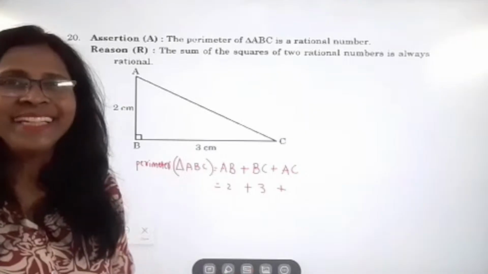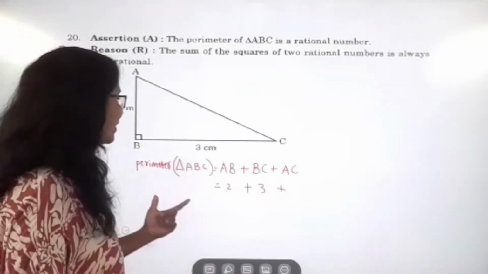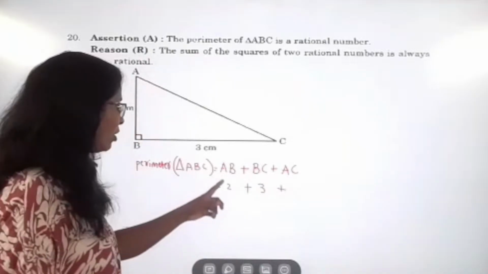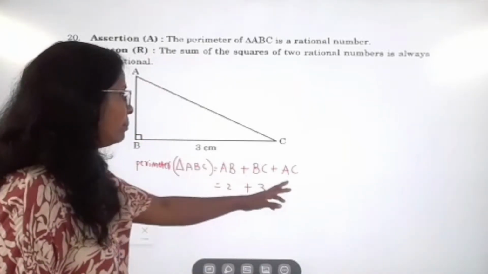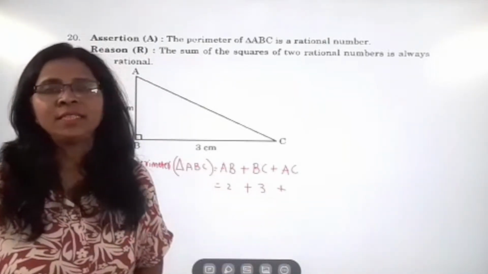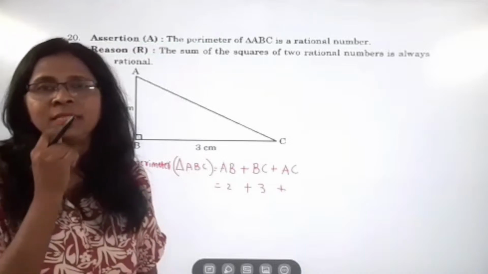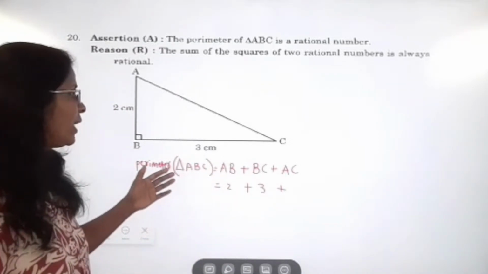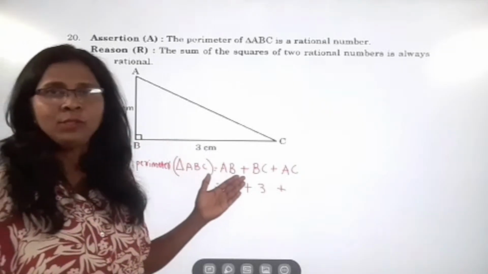Come again here, the perimeter of triangle ABC is AB plus BC plus AC, and the value of AB is 2, BC is 3, but we don't know the value of AC. So by the Pythagoras theorem we can get the value of AC.